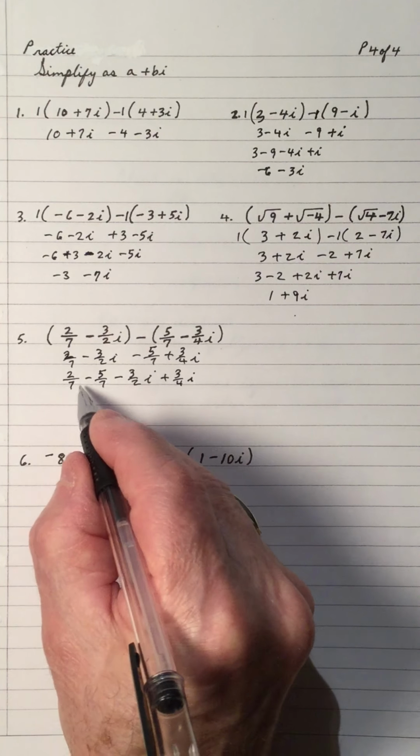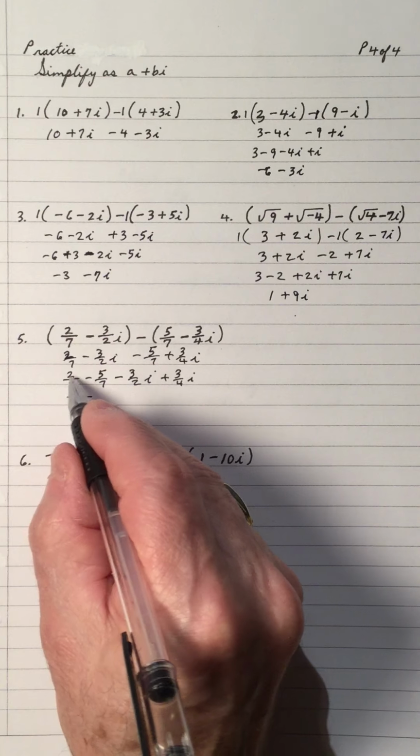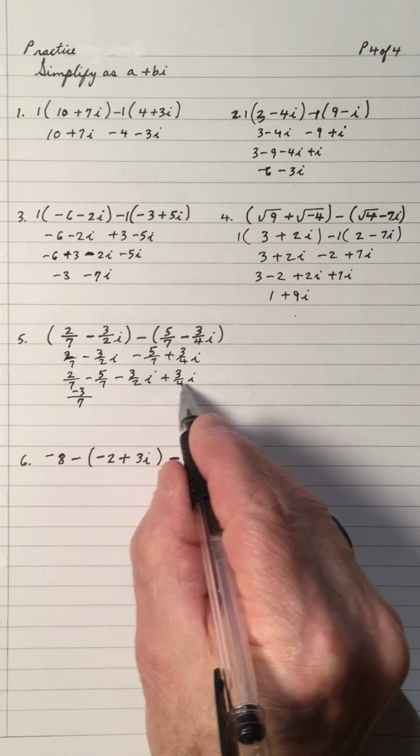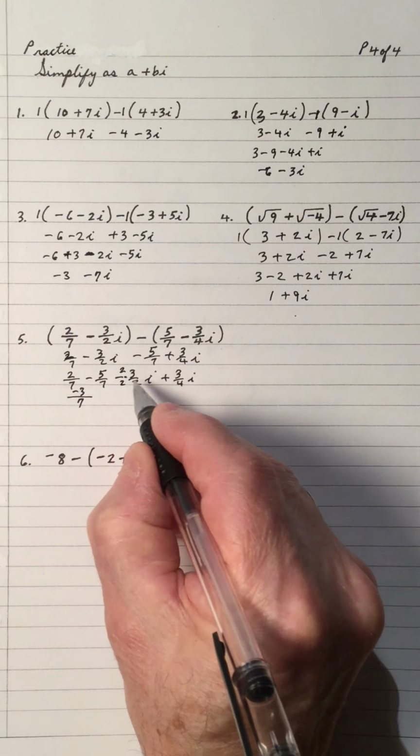Notice right here, these are already the same denominator, so it's a 7. And 2 subtract 5 is negative 3. And we need a common denominator, which is 4, so we're going to multiply this fraction by 2 over 2.